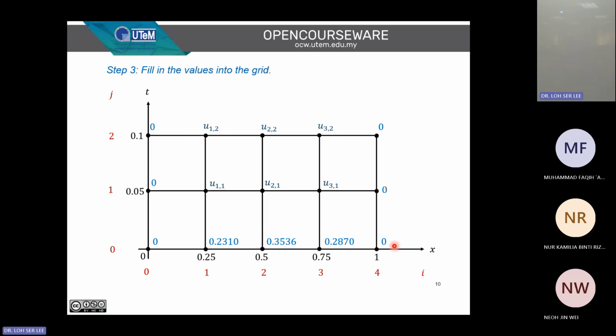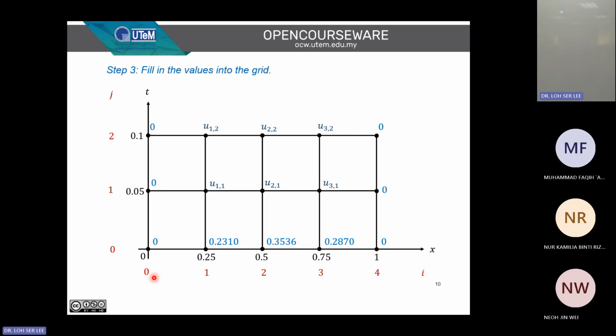Then we will label the internal points. There are 6 internal points. There are 2 ways to represent a point. One is U(X, T), and another one is U_ij.